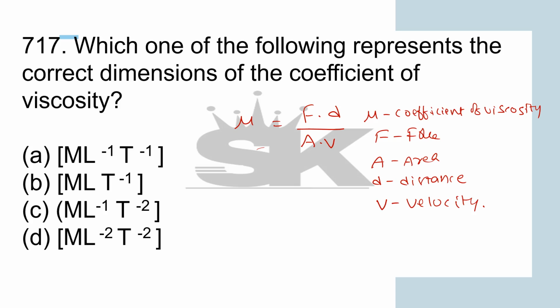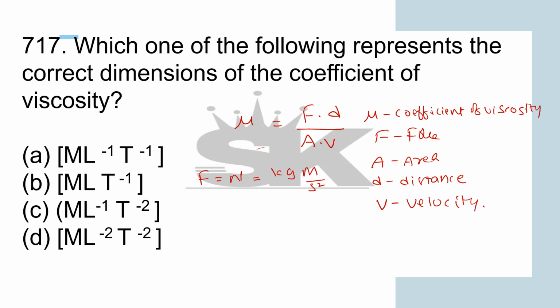So we will write individually, and by combining the formula, we will get the dimensional form. Force is in Newton, right? So kg meter per second square.